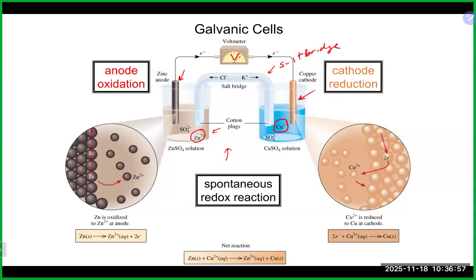So what happens in this case is we have an oxidation that occurs in this galvanic cell, and that occurs at the anode side. The anode side is where we see oxidation occur.